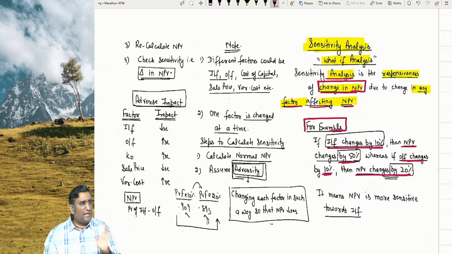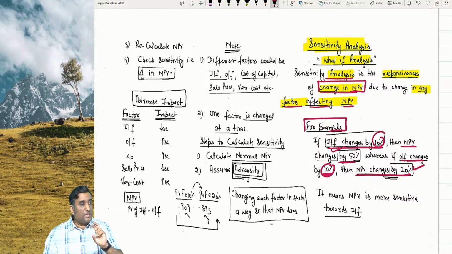I have not taken upside or downside, it's just a change. If I change this by 10, NPV changes by 50. If I change this by 10, NPV changes by 20.